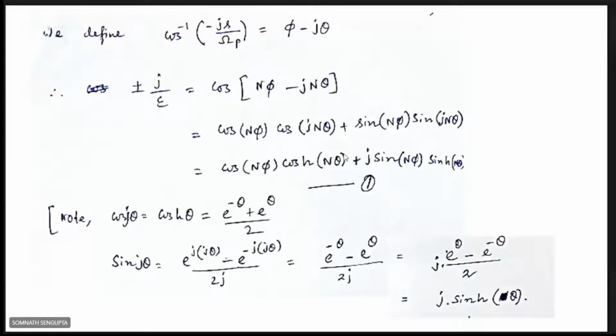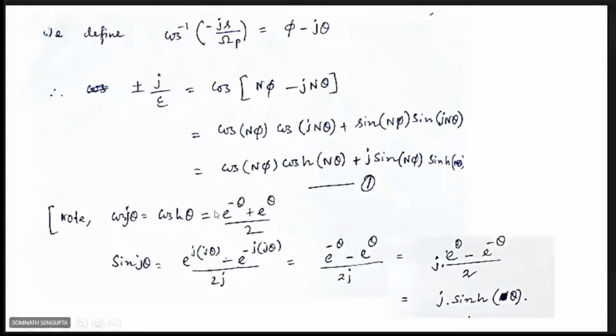Hyperbolic function: cosh θ is equal to e to the power minus θ plus e to the power θ by 2. But in case of cos θ, it is e to the power minus jθ plus e to the power jθ by 2. Cosh θ means e to the power θ plus e to the power minus θ by 2.